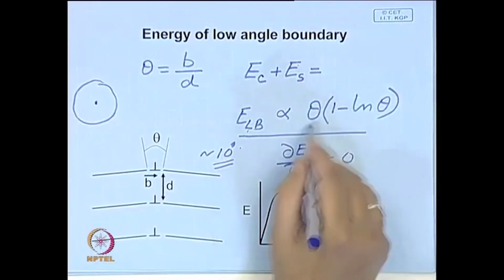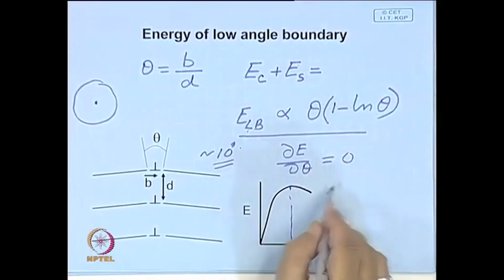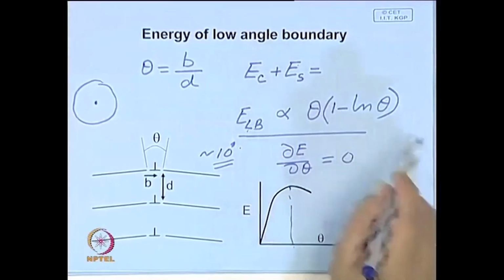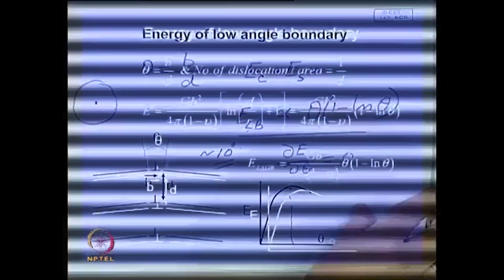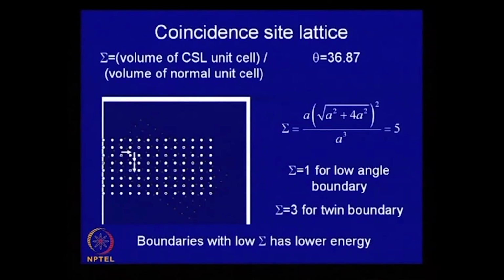Of course, this will overestimate that value quite a bit, because there are some built-in assumptions in this derivation. Nevertheless, this concept of the low angle boundary does give you an idea of how to estimate the energy of a grain boundary.